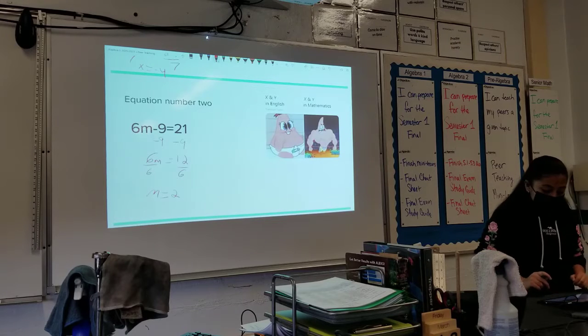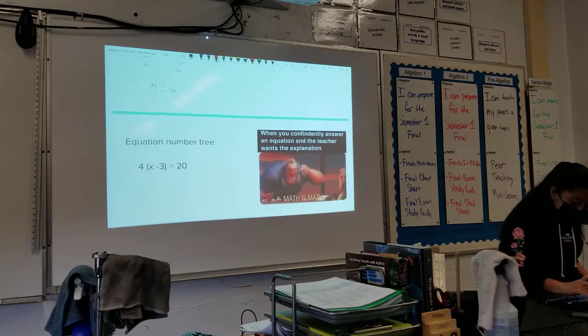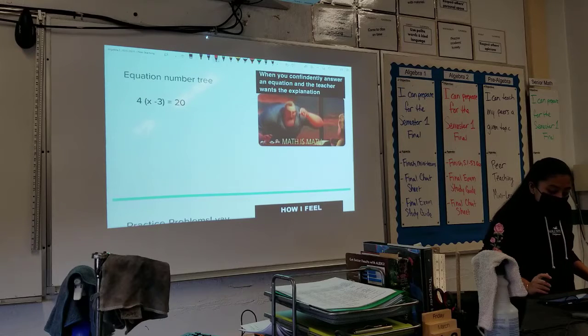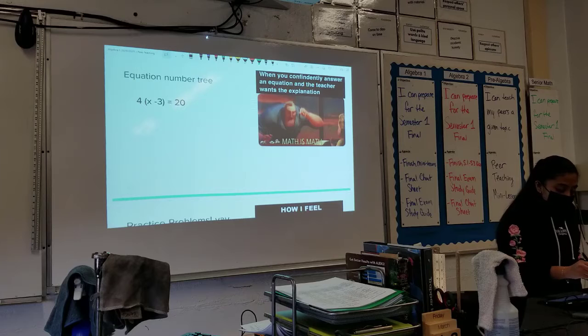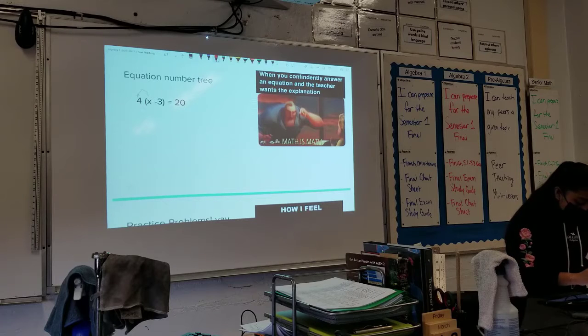And then for the last one, you're distributing. So, like I said in the tips and tricks, you have to remember to distribute all of the numbers inside. So you're going to have 4x minus 12 equals 20, and then you're going to add 12 on both sides because it's negative 12.